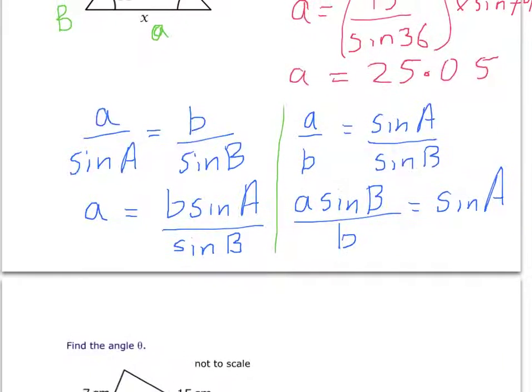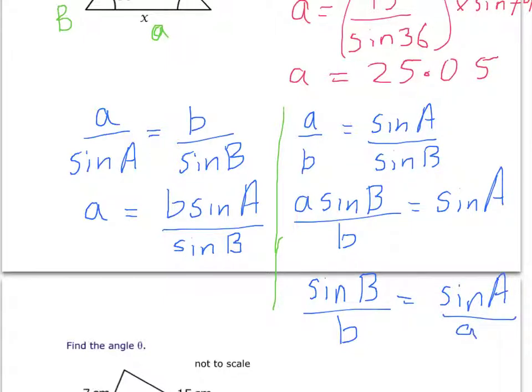But the other form of the equation that most people remember is the next line, where if you divide through by the length a, you end up with sine B over b is equal to sine A over a, which is basically our original equation flipped round.